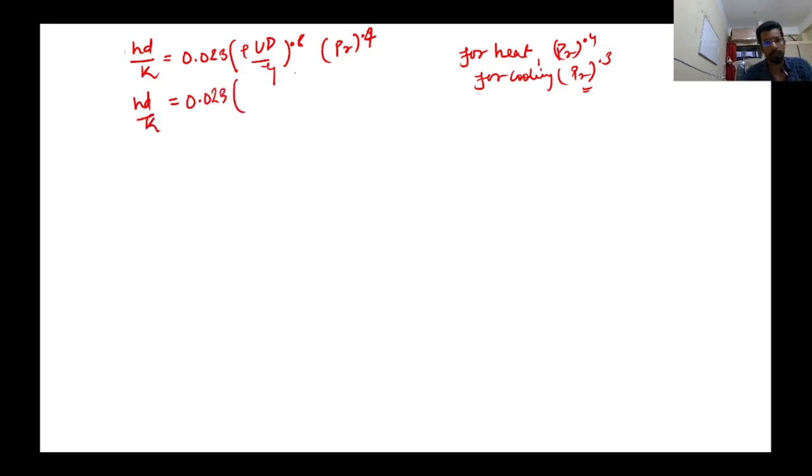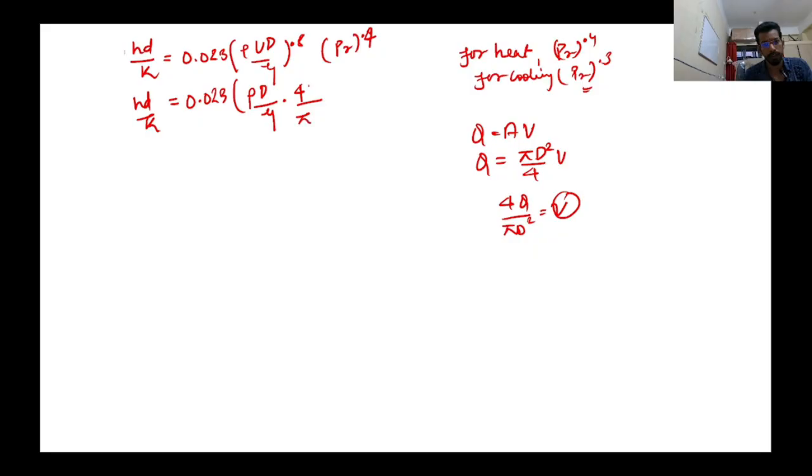We know that velocity, in a tube or in a pipe, Q is equal to area into velocity. Q is equal to pi d square by 4 into velocity, so 4Q upon pi d square is equal to velocity. Put this value of velocity here. So rho d by mu into 4Q upon pi d square, to the power 0.8, Prandtl 0.4.